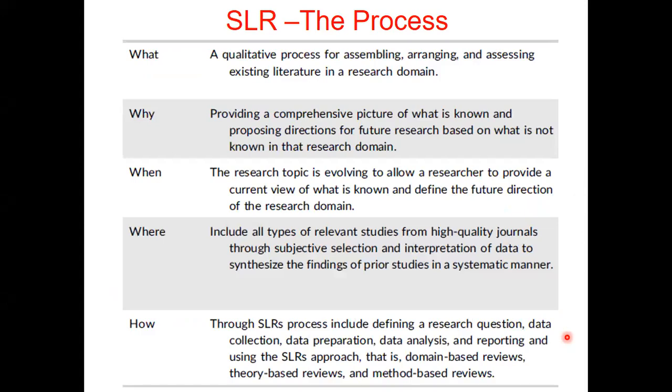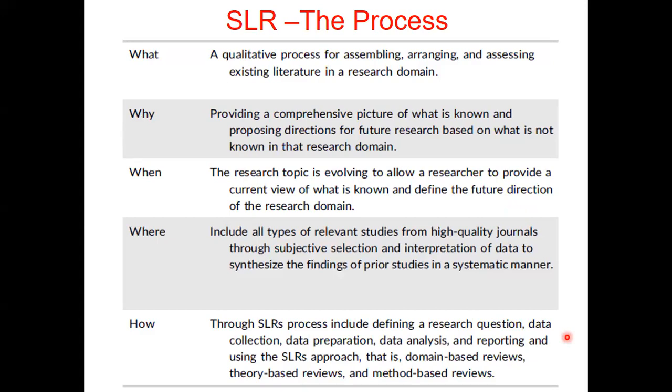Now the process of systematic literature review. Technically, you look at what? That's a qualitative process for assembling, arranging, and assessing existing literature in a research domain. You look at why, that's providing a comprehensive structure of what is known and proposing directions for future research.